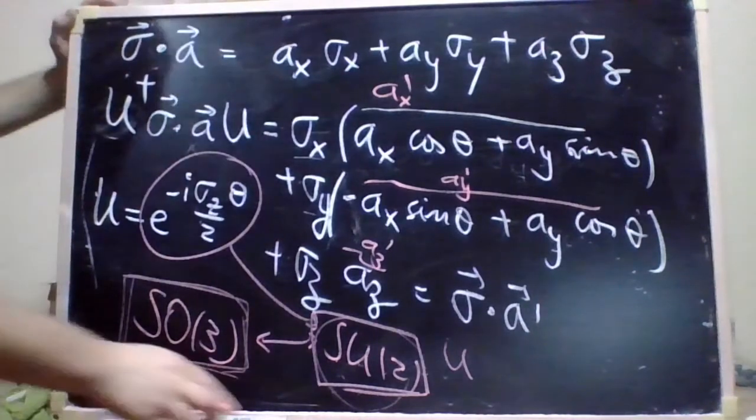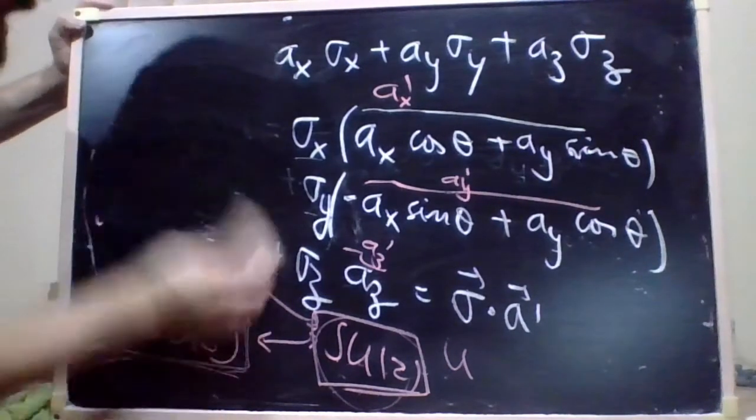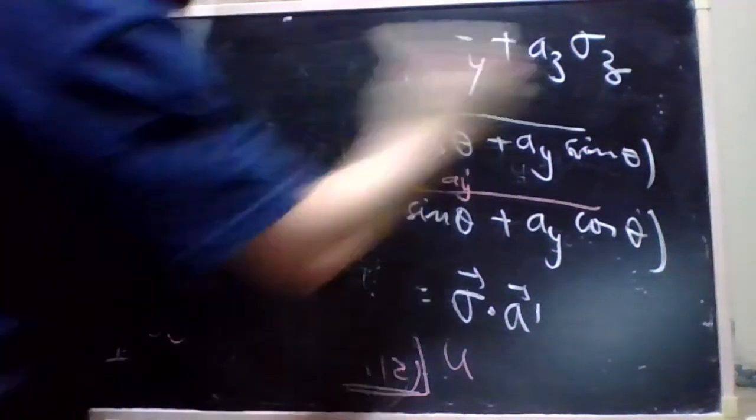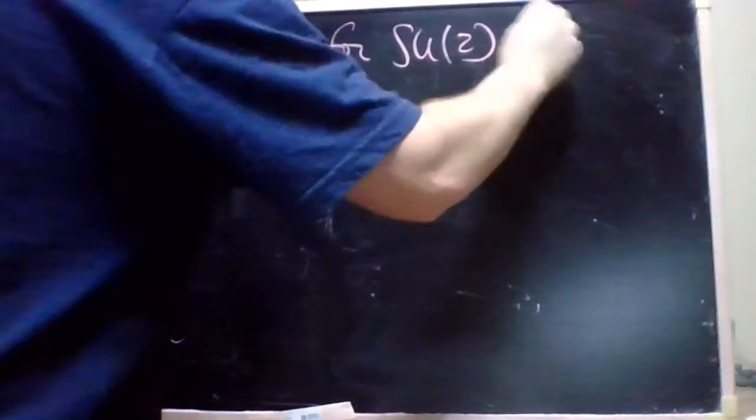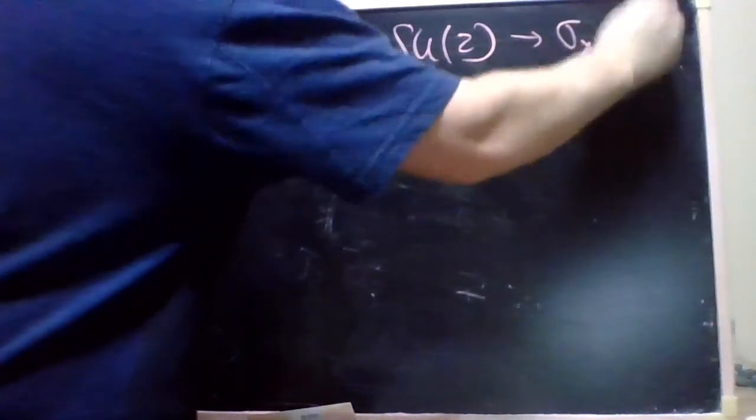So sigma x, sigma y and sigma z are called generators for rotations, generators for SU2 transformations.